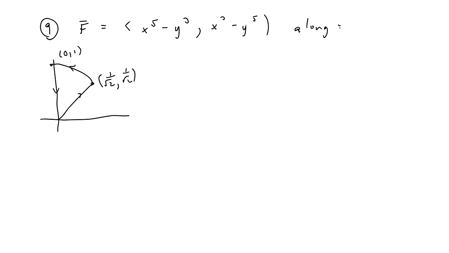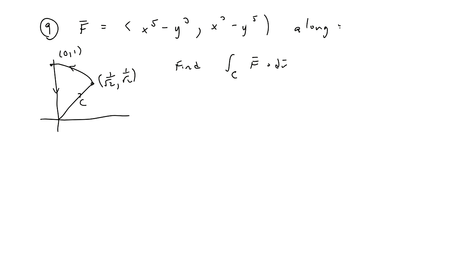And we want to find, if this is C, I'm not sure why it's making my 3's look like weird things. That's x to the 5th minus y cubed, x cubed minus y to the 5th.